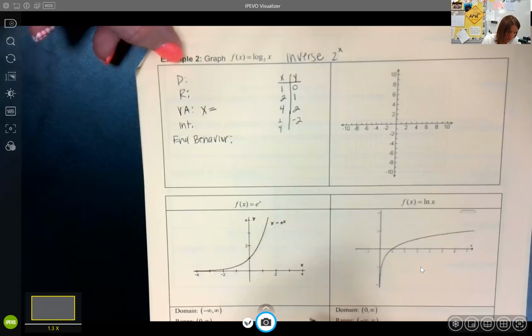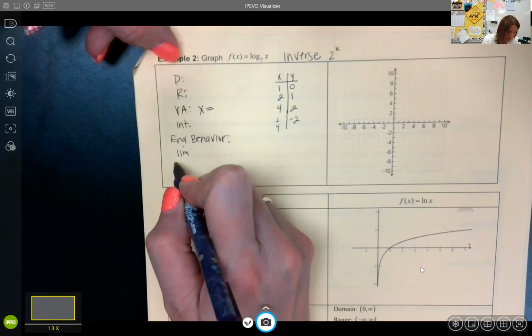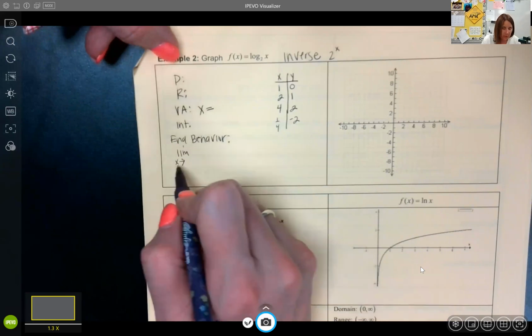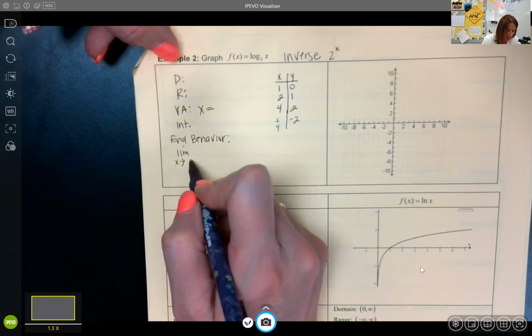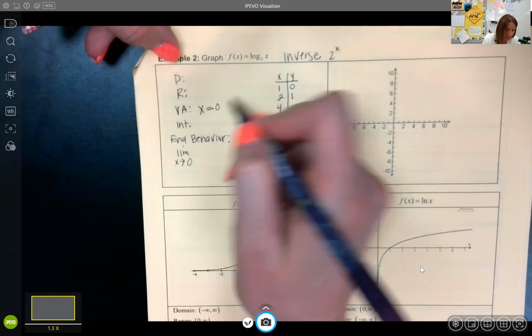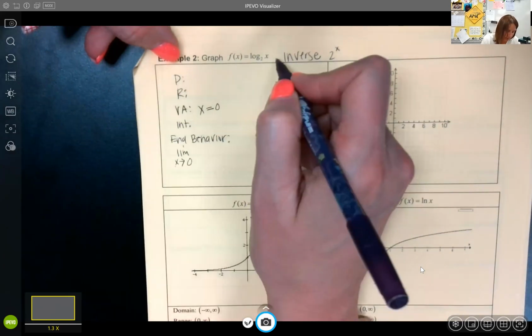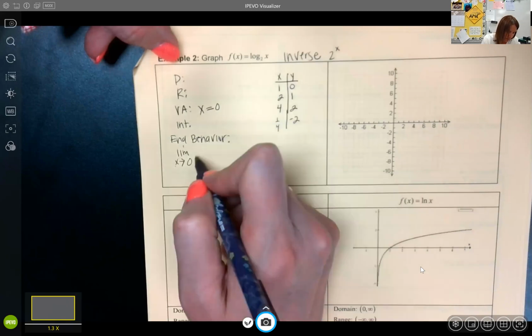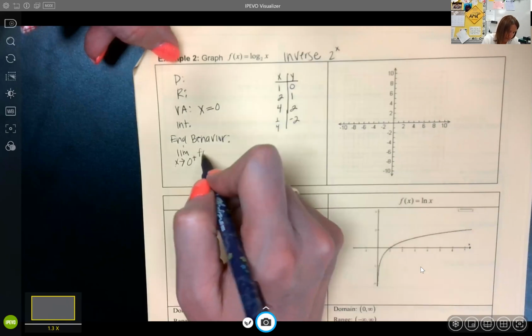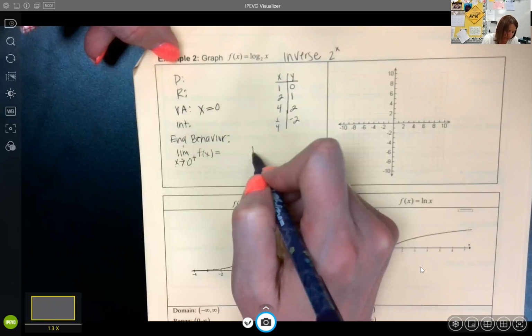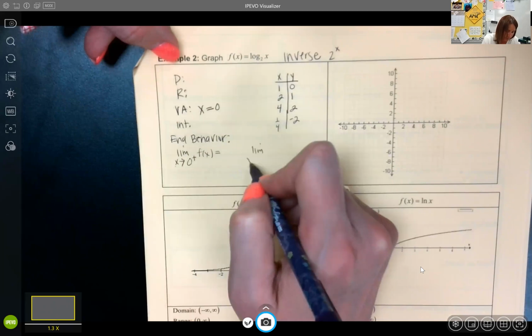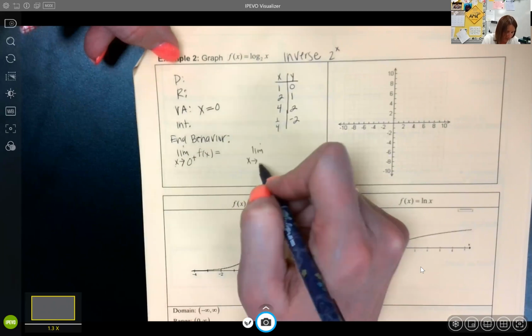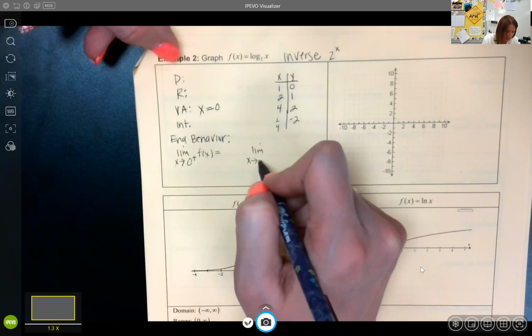Remember, end behavior on a log is going to be the limit as x approaches that asymptote. This again is going to be 0 because there's nothing added to this function. And it's from the right side. And then we're going to have our end behavior as it approaches positive infinity.